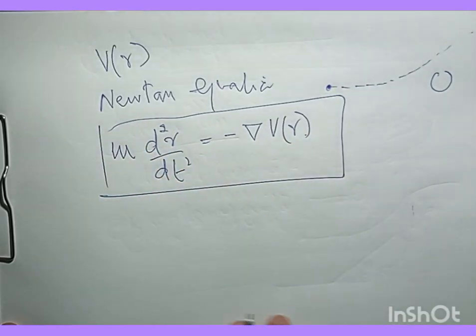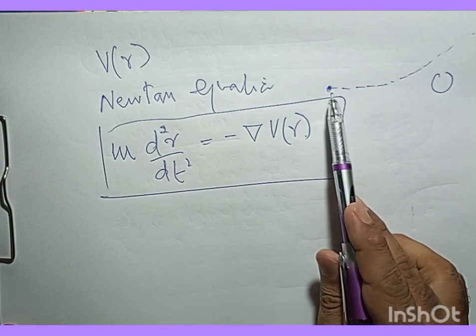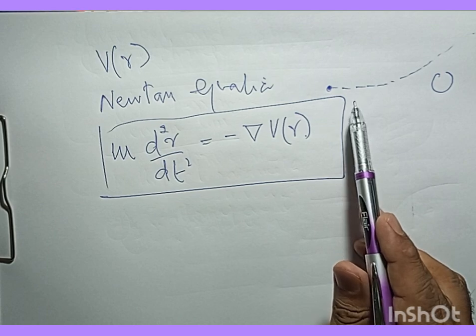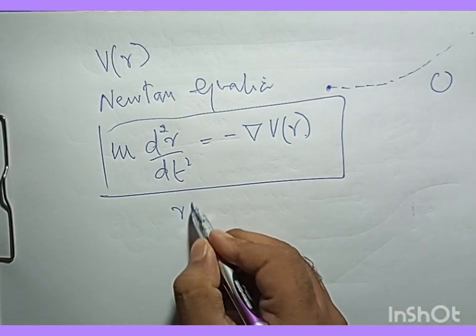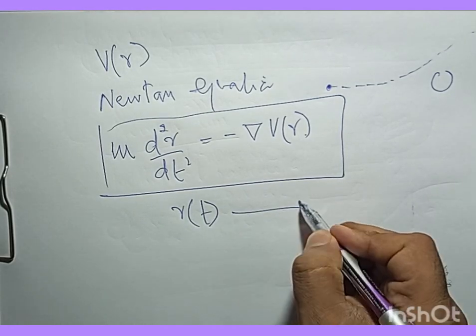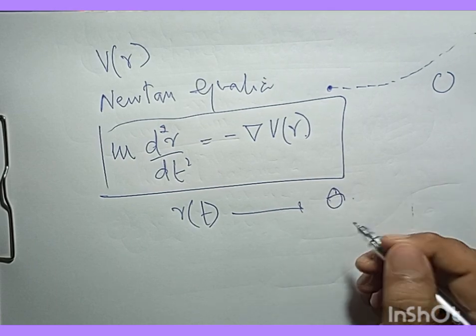So this is the basic equation that we execute to learn about the dynamics of the motion of this particle that's interacting with this potential. This equation yields the trajectory r of t, from which we can calculate the scattering angle theta.